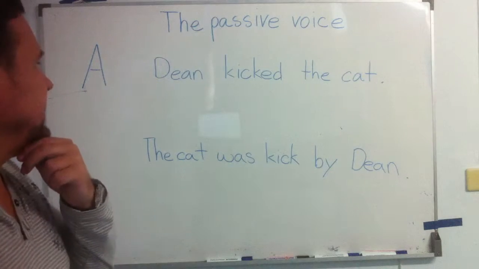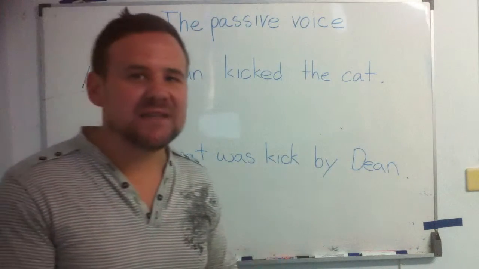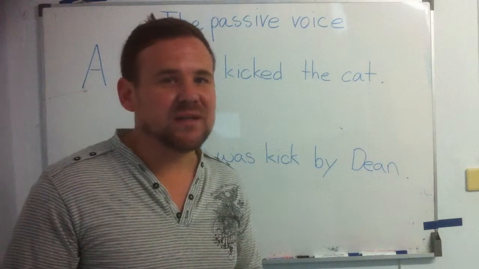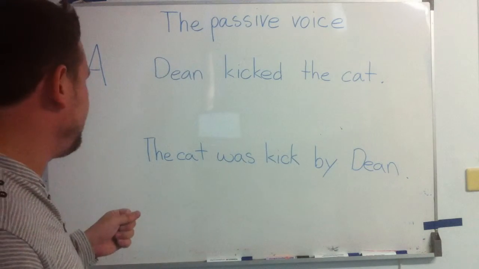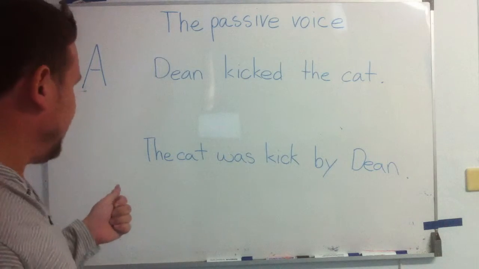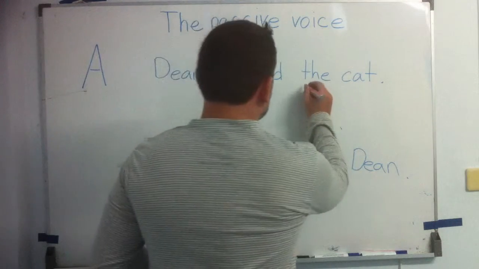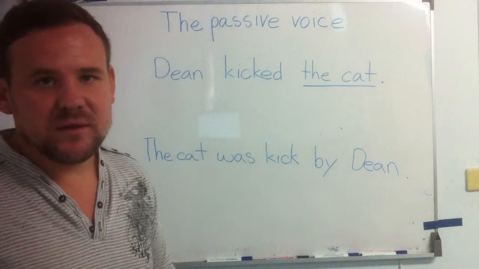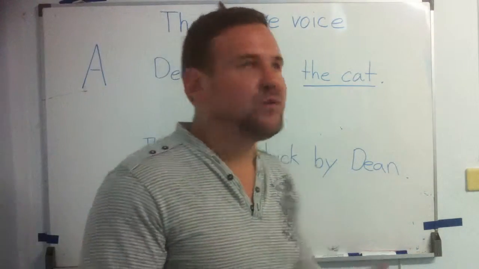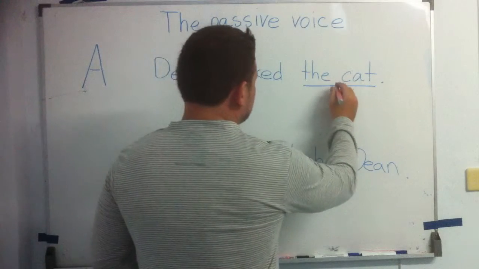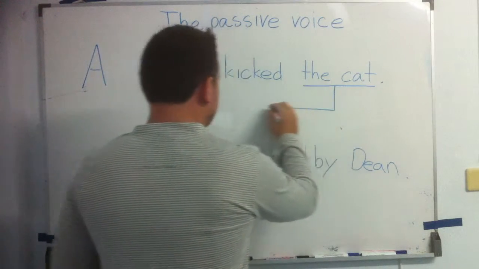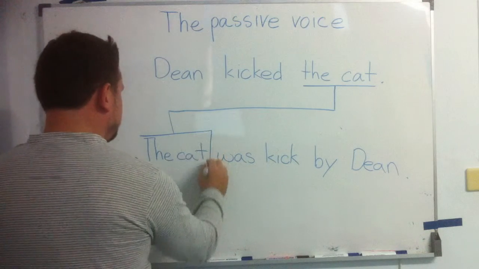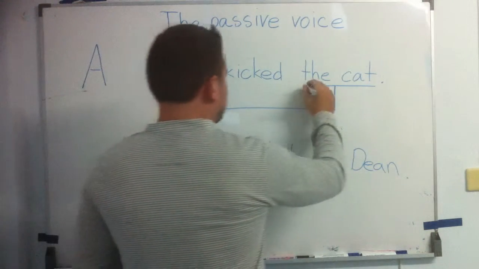Okay? Now then, how do we change the active voice to the passive? Well, it's actually quite easy. So let's look. Where is our object? Our object is the cat. Now then, our object now becomes the main focus of our sentence in the passive voice. So it comes here. Okay? Put some rectangles around it.